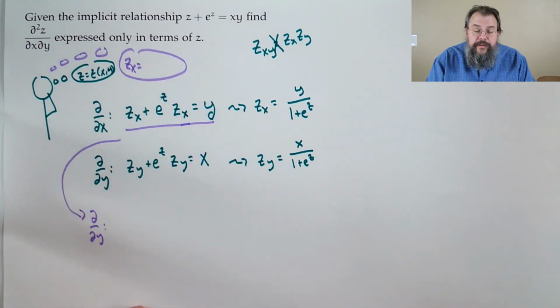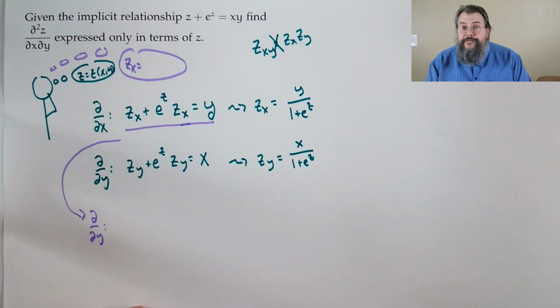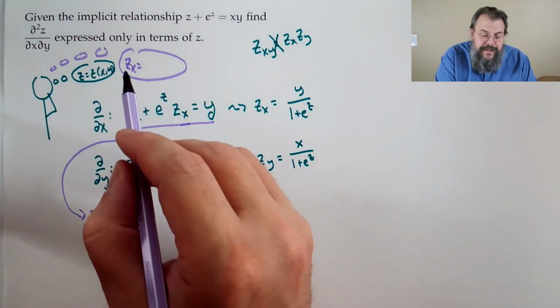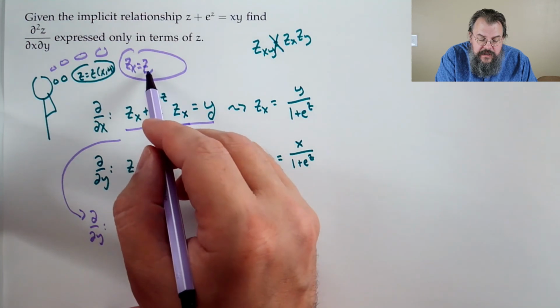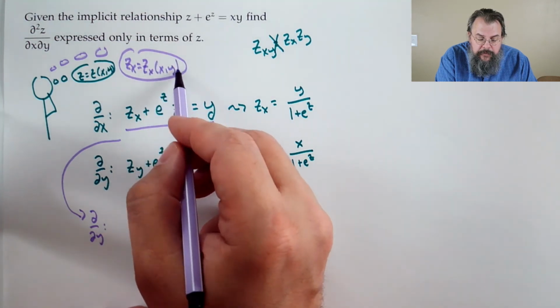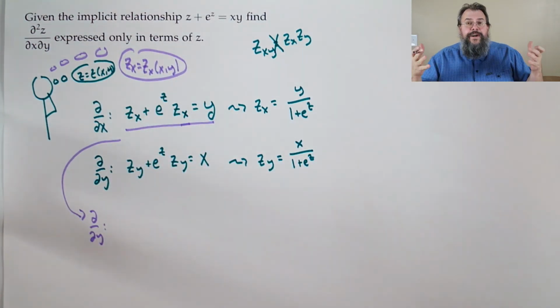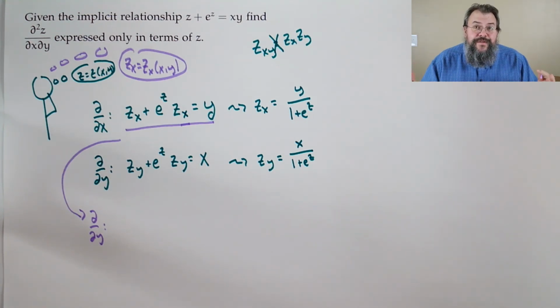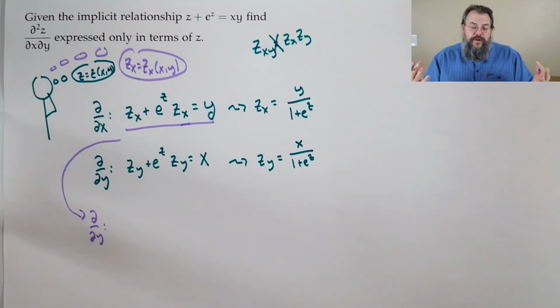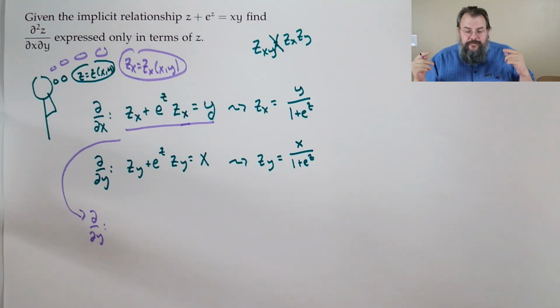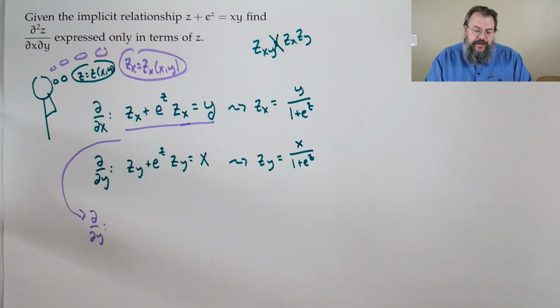What will z sub x be a function of? Do you know? It will be a function which depends on x and y. So in other words, if I start out with a function which depends on two variables and I take a partial derivative, I still have a function which depends on two variables. So I still have the two variables in play. So let's keep that in mind as we go through here.